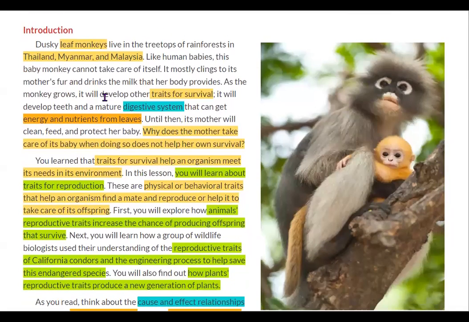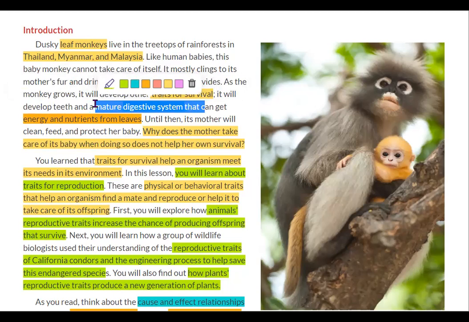And as the monkey grows, it'll develop further traits for survival. It'll have teeth and a mature digestive system. Remember the first week of school, we talked about the digestive system and how our small intestine is about 7 yards long, and that digestive system goes from our mouth to the esophagus, to the stomach, small intestine, large intestine, and colon.